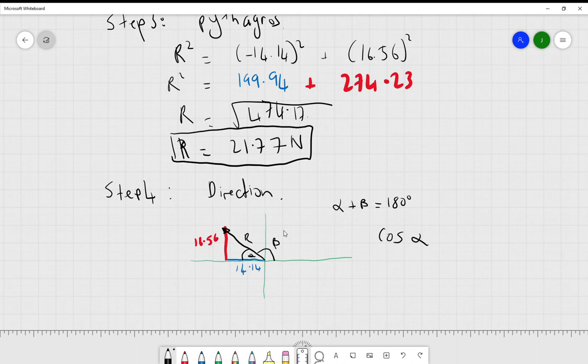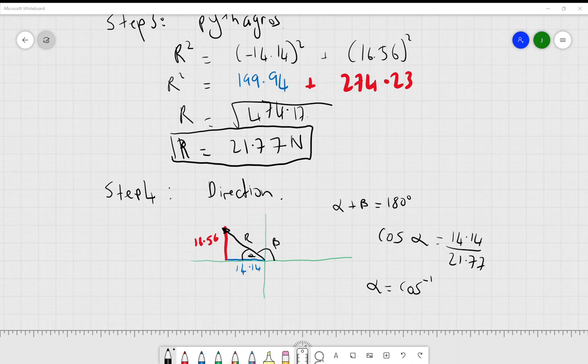It's going to be cos equals the adjacent, which is 14.14, over the hypotenuse, which is the resultant R magnitude 21.77. So alpha equals cos to the minus 1 of this.